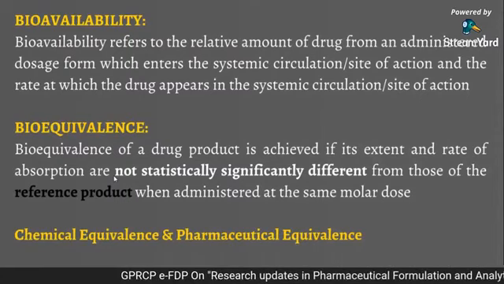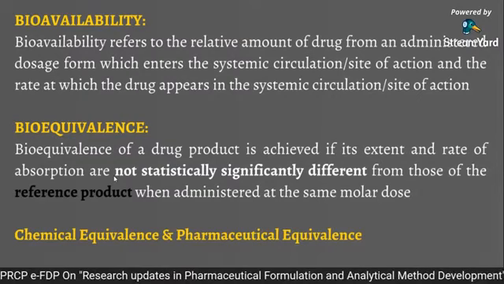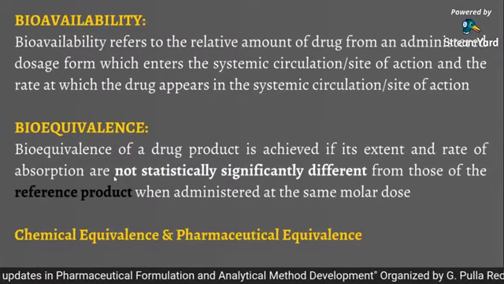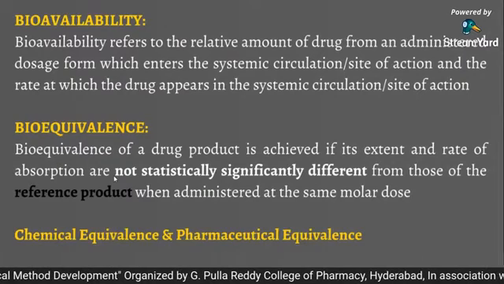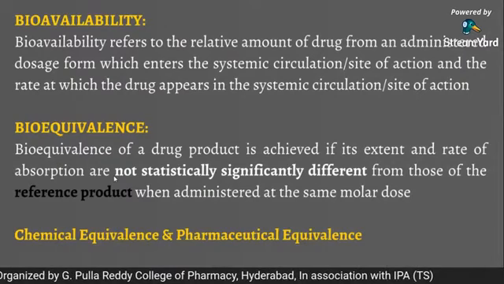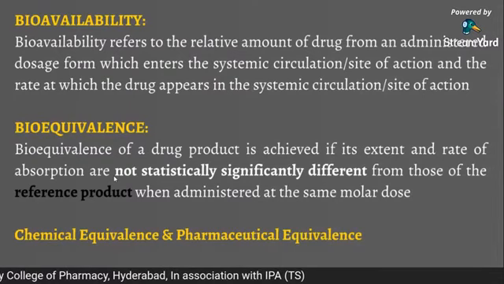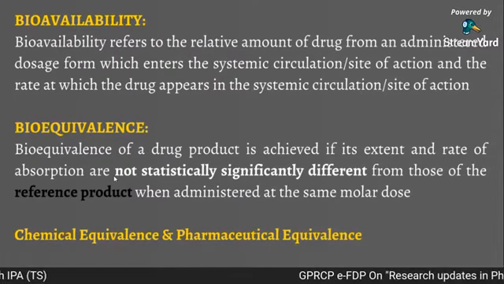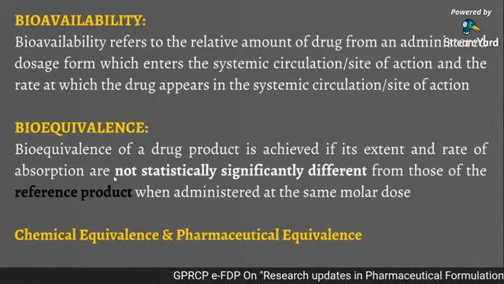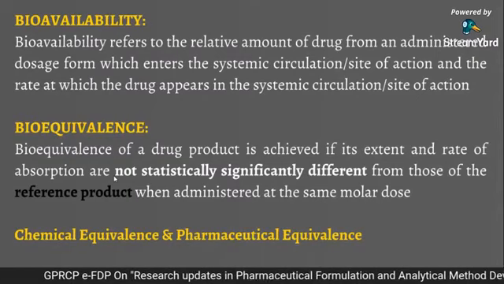And the other important definition is bioequivalence. Bioequivalence is when the test product, our generic product, has a bioavailability equivalent to the innovator's bioavailability. The innovator product is the reference product, our product is the test product. If the test product bioavailability is equivalent to the innovator's, then these 2 formulations are said to be bioequivalent.